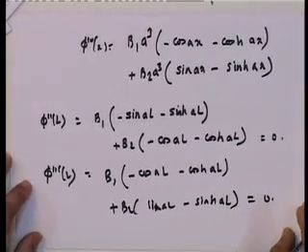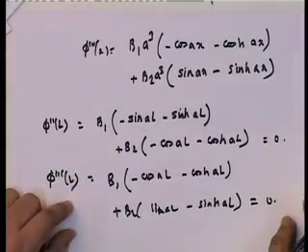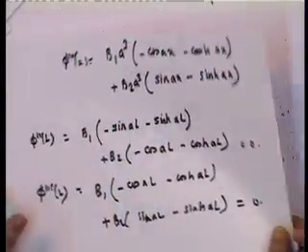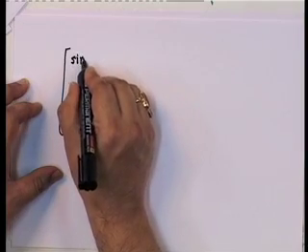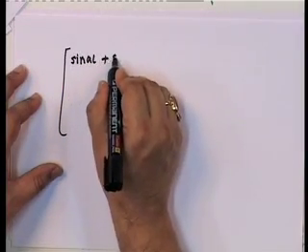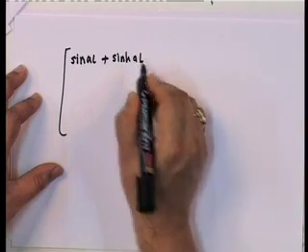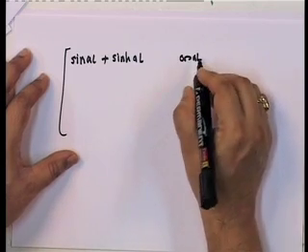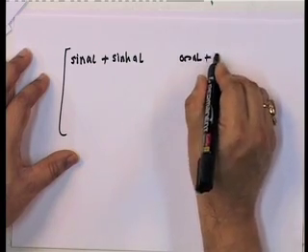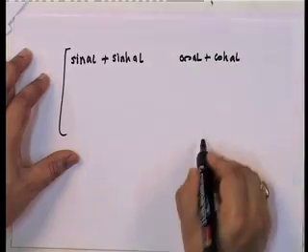So this, you see, is two equations in B1 and B2, and I can solve this in the following manner. Note that both of these have minus in them, so I can take them to the other side, and what I have is the following. The equation looks like this. The first term, sine AL plus sine hyperbolic AL, the second term, cosine AL plus cosine hyperbolic AL.